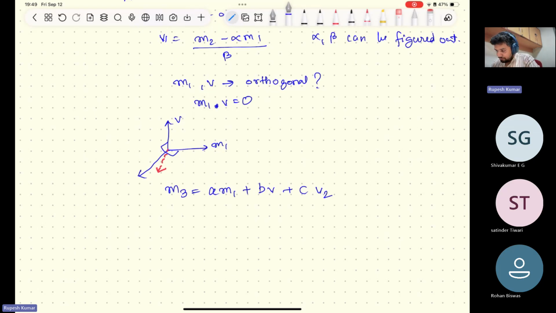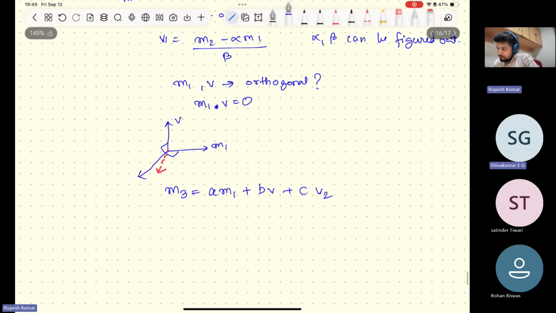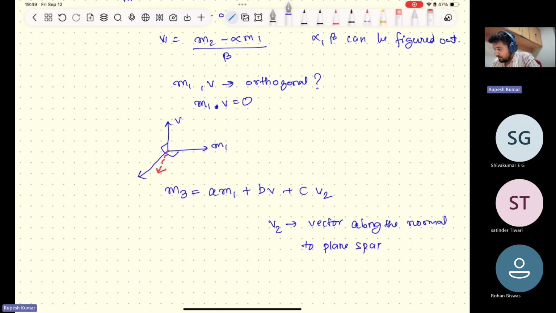Now again here, what is v2? V2 is the vector along the normal to the plane spanned by m1 and v, right?